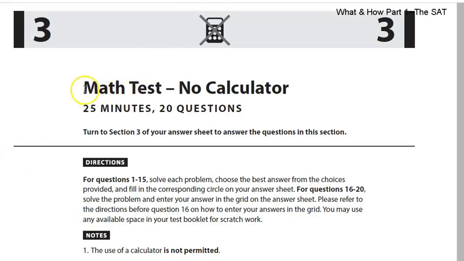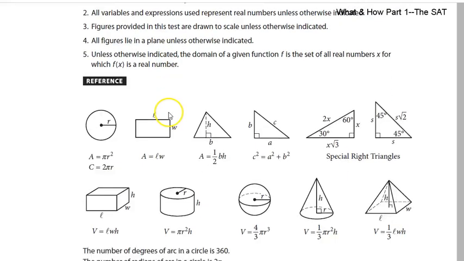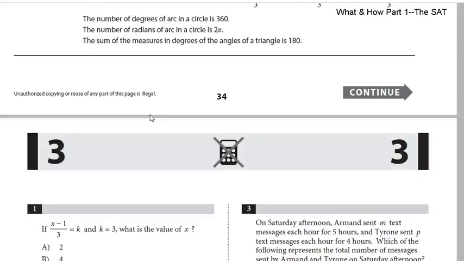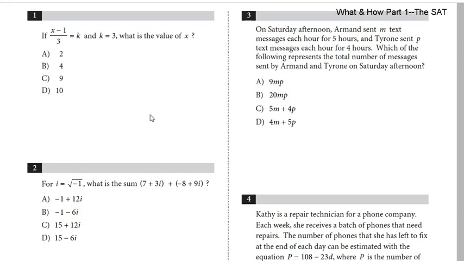Okay, here's an example of the no calculator section. It's 25 minutes, 20 questions, and clearly right up here they show you no calculator allowed. And it's just a basic math test. They're going to test all that basic math: arithmetic, algebra, geometry, trigonometry, data analysis, just like you've learned all throughout high school.